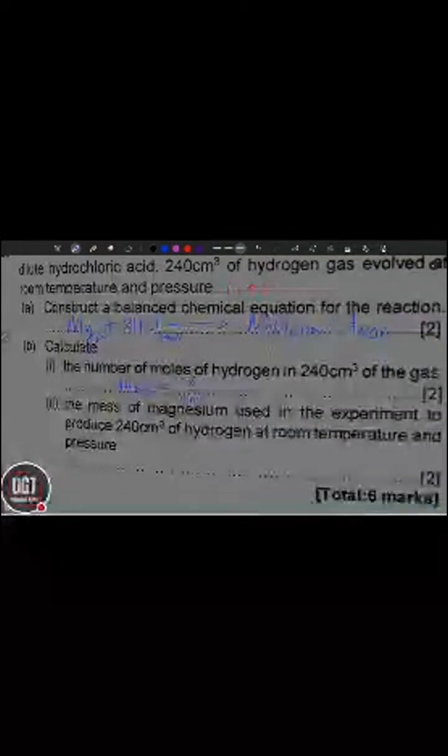So that is where now we go back. What is the condition given? The condition given is RTP. And always start with the formula. You are going to say given volume divided by molar gas volume, which is just the volume of 1 mole of a gas.